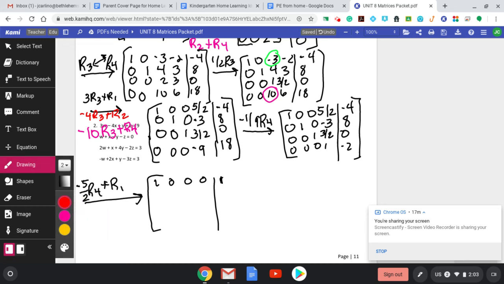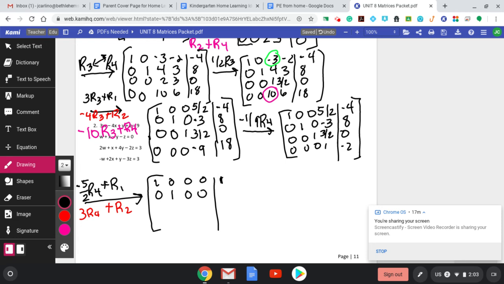Okay, next up, row 2. We got to get the negative 3 out. Oh, that's not bad. Nice. Negative 3 out of there, so we got to add 3. So I'm going to go 3 times row 4. And here we go. 0, 1, 0, 0.